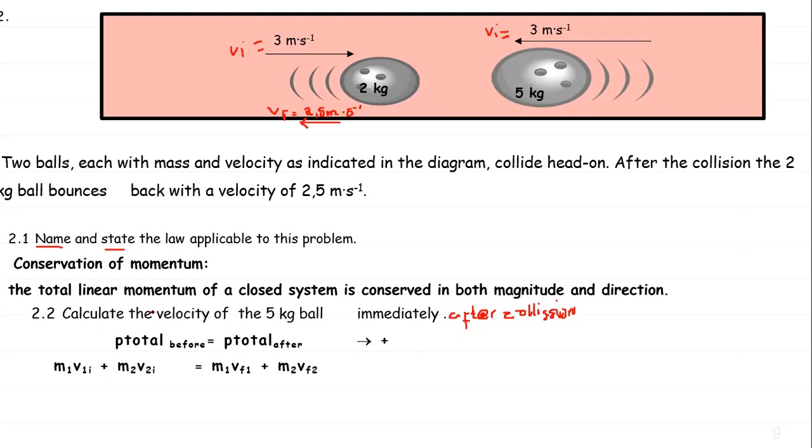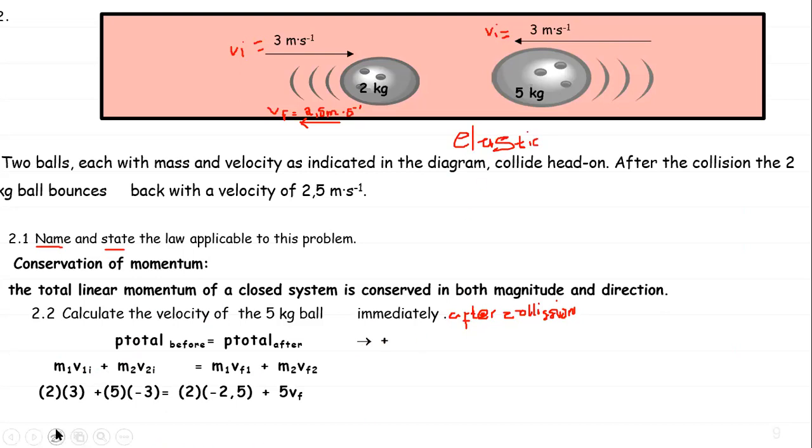Then we break down the formula into product of mass and velocity for both of them before, for both of them after. Now, they are separating after the collision, so we are basically dealing with a collision that is elastic. So our collision here is definitely elastic.